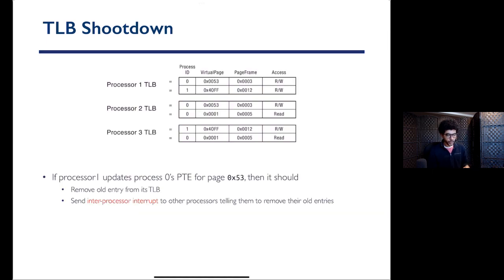The other problem that could come up is in multiprocessors. In a multiprocessor, each processor has its own TLB. Let's assume that I have 3 processors in my system. Each one of them has its own TLB. As you can see, I have tagged the translations with the process ID, which is what we talked about in the previous slide.